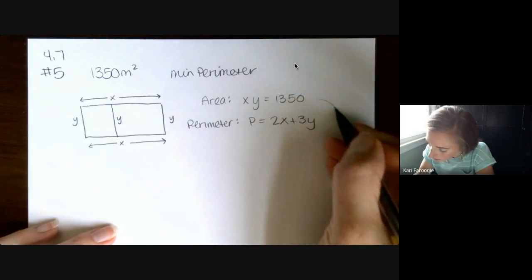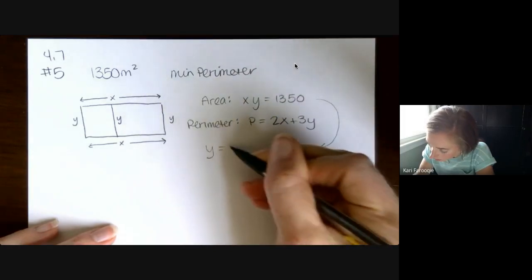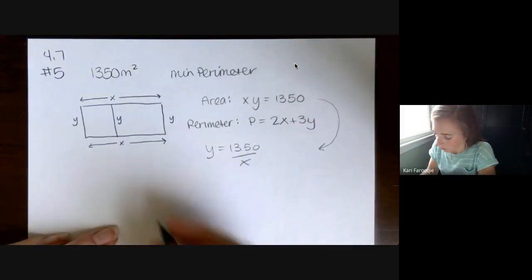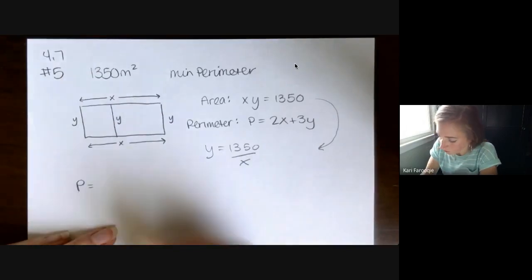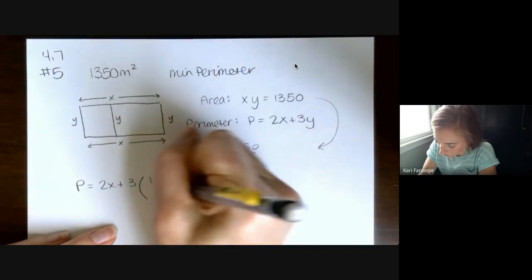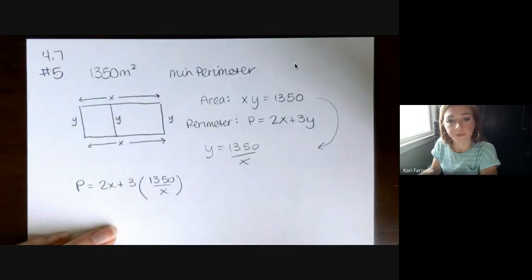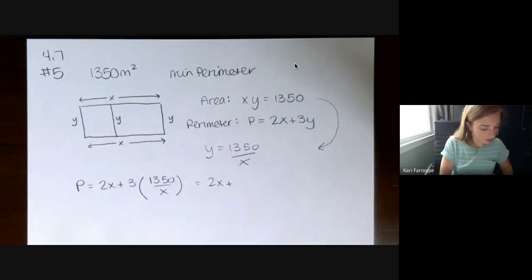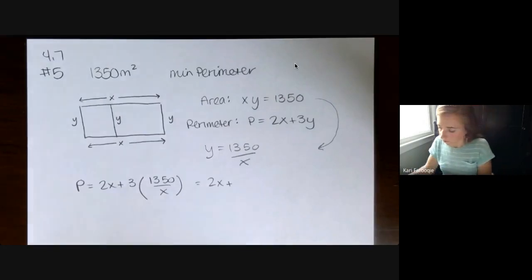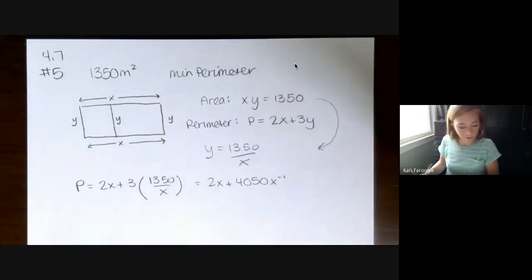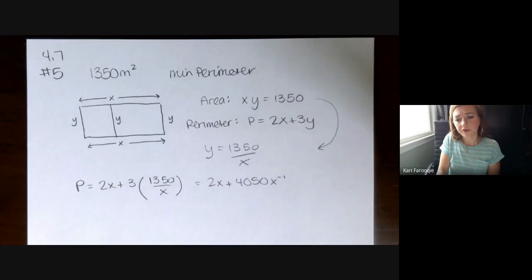I can say that Y equals 1350 over X. And then P will be 2X plus 3Y, which is 2X plus 1350 times 3, which is 4050, and I'm going to write this as X to the negative first power, because you know that you're going to be taking a derivative.